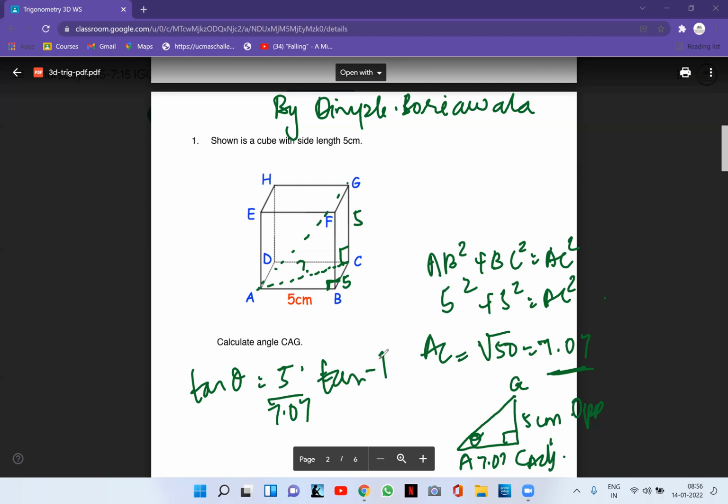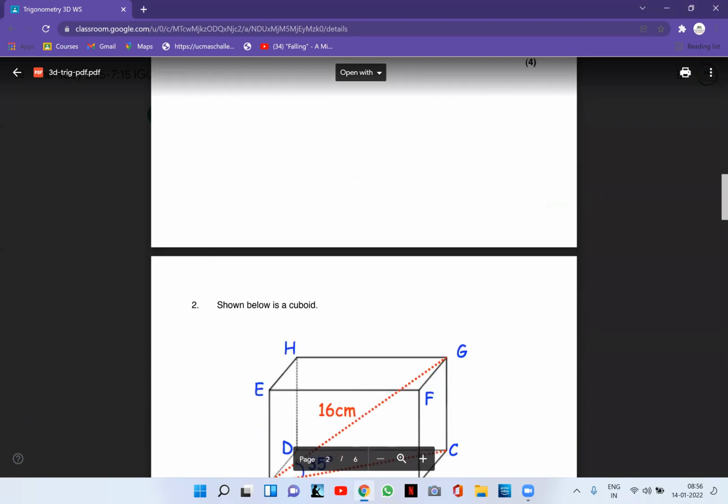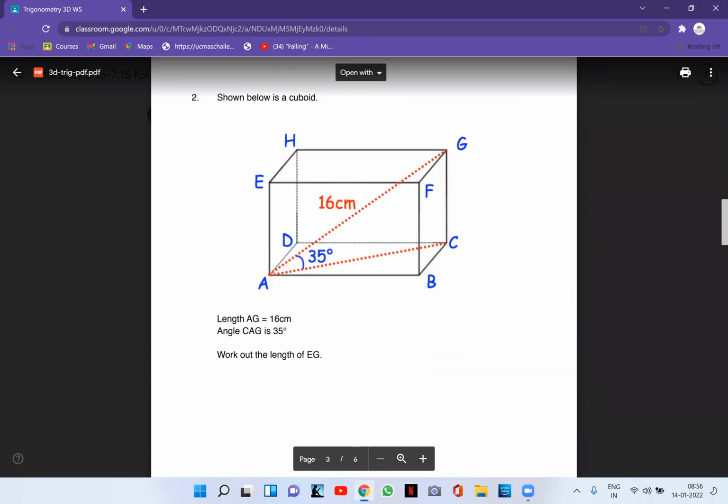Let's go to the next part over here. You have to calculate EG. Okay, we have to calculate EG over here. So whatever data I have, I will take help of that data first. Here I have got 35 degrees. We know this is a cuboid.